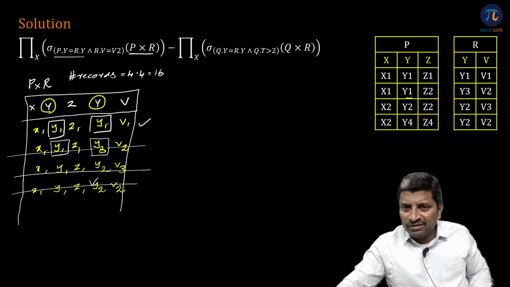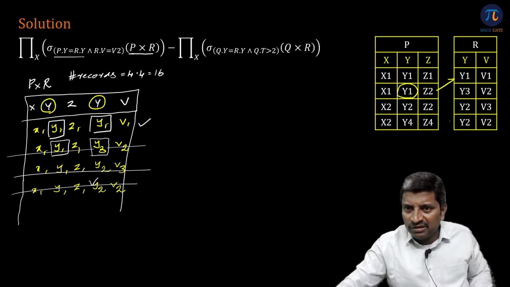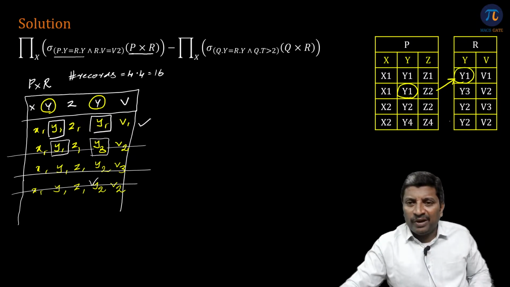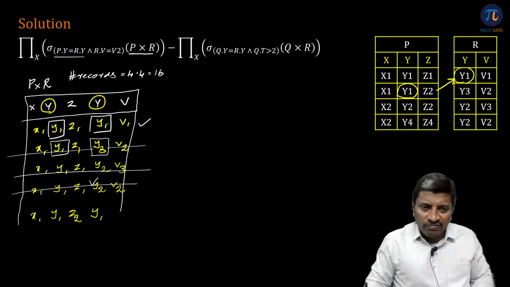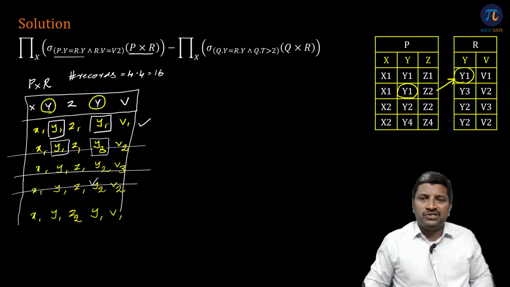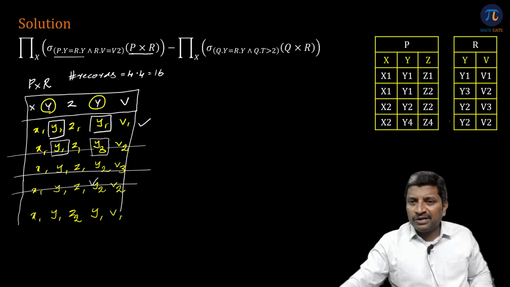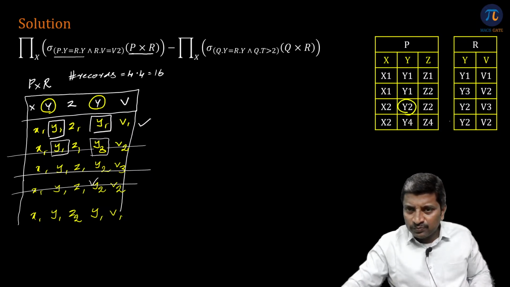For second one, the value is Y1. So it will be matched with only the first record because the value is Y1. All the remaining I don't have matching. So that is X1, Y1, Z2, Y1, V1. That's it. Then what about third record, sir? The third record value is Y2.